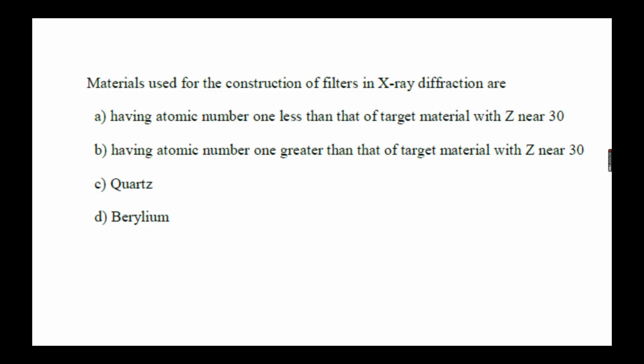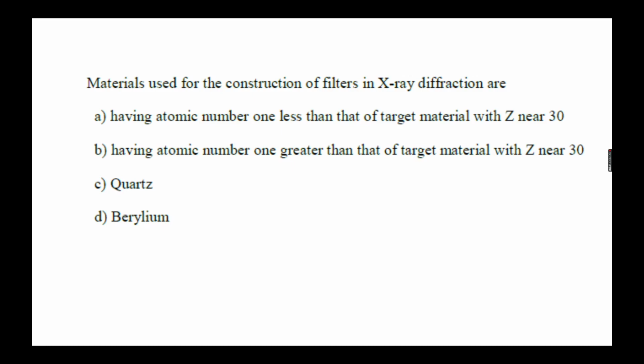Moving to the next question: the material used for the construction of filters in X-ray diffraction has an atomic number 1 less than that of the target material with atomic number near 30, or an atomic number 1 greater than the target material with atomic number near 30, or quartz, or beryllium.